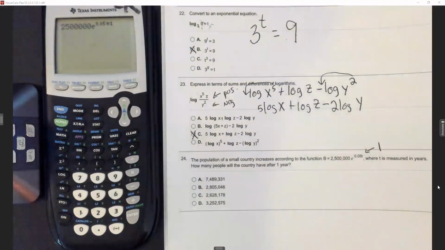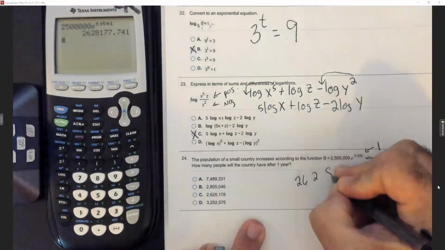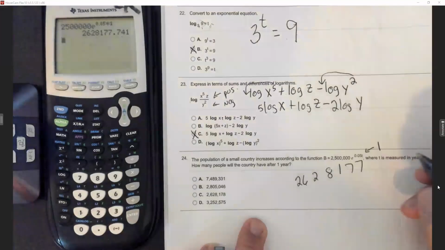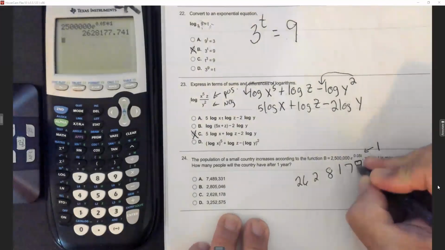So let's hit enter. And I get 2,628,177. And I'm rounding to the nearest year. So that 77 is going to turn into a 78.